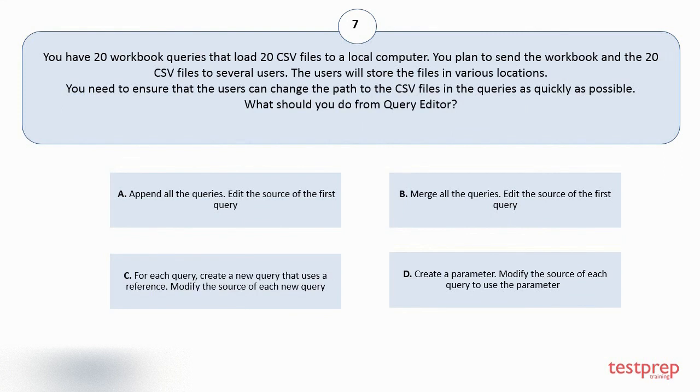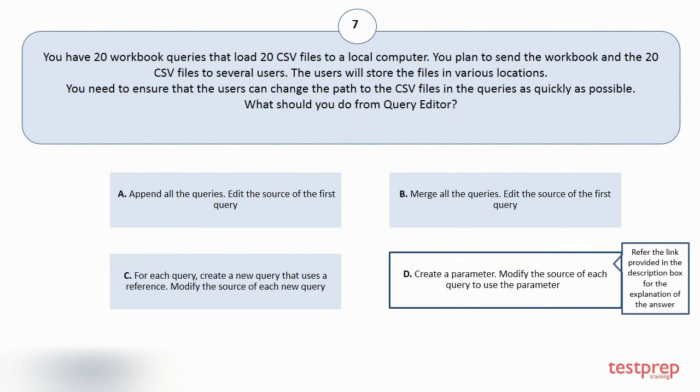Edit the source of the first query. B. Merge all the queries. Edit the source of the first query. C. For each query, create a new query that uses a reference. Modify the source of each new query. D. Create a parameter. Modify the source of each query to use the parameter. The correct answer is option D.